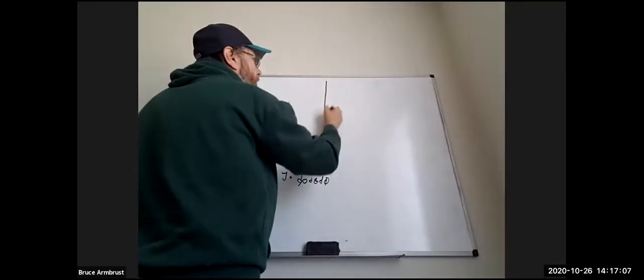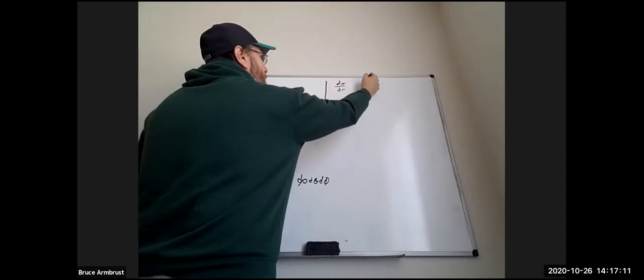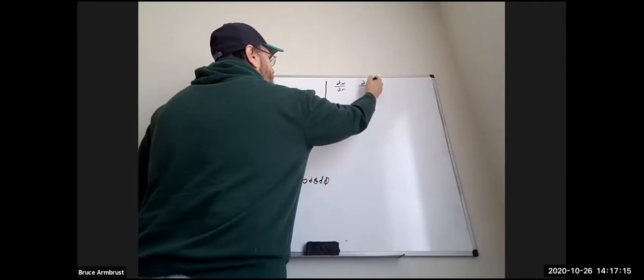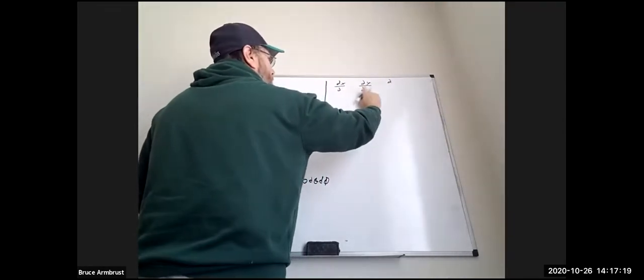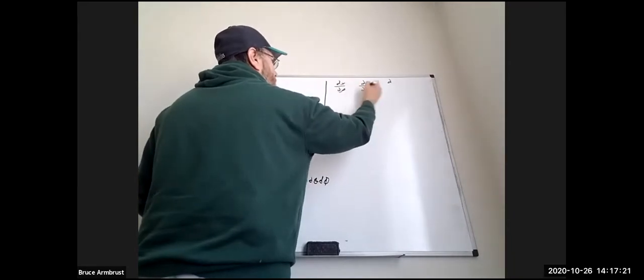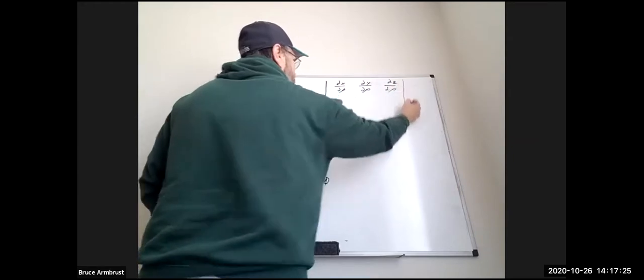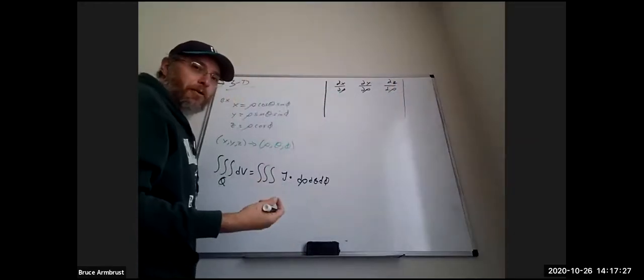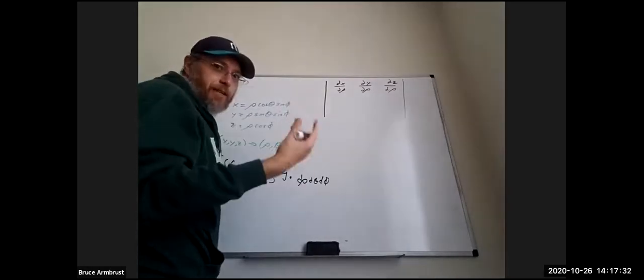It's just now we're going to have dx dr, dy dr, except not r, how about rho? Because we're going to polar. So dx d rho, dy d rho, dz d rho. That'll be our first row of the matrix.